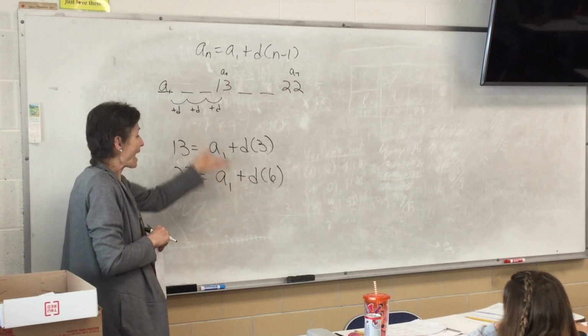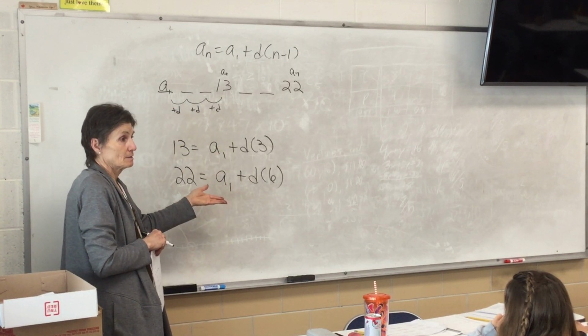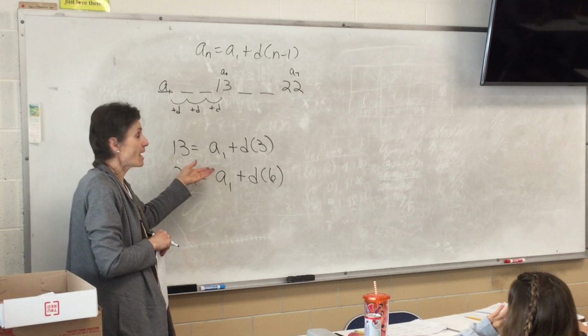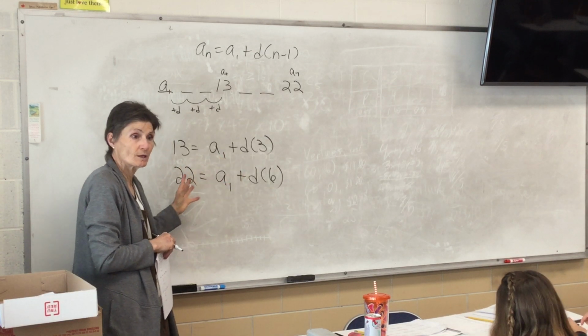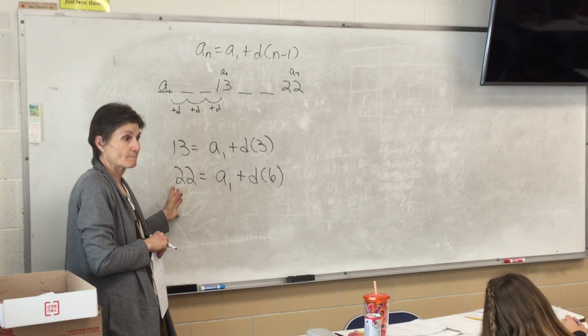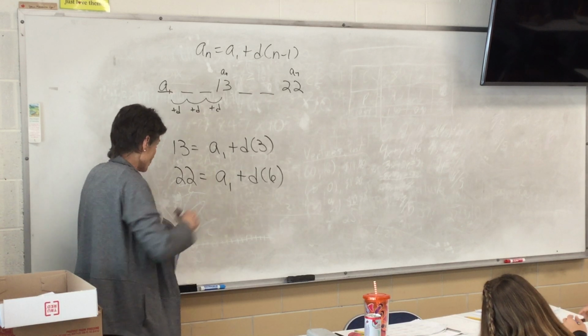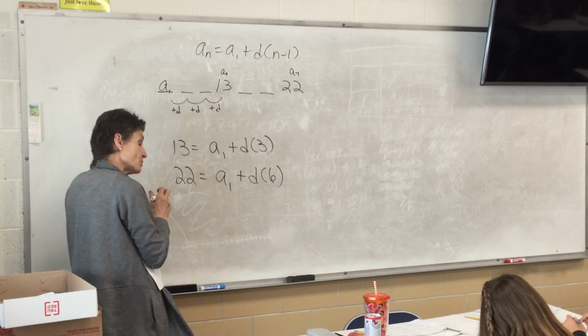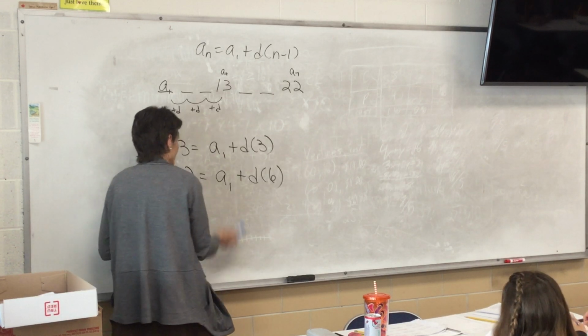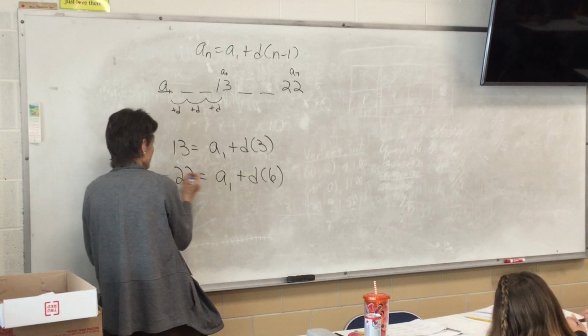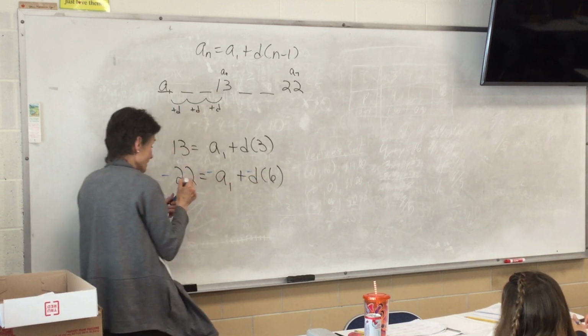Now, what's that? Isn't that like x's and y's? Isn't this like 2 equations, 2 unknowns here? So you could substitute or you could eliminate. I think I'll just multiply this bottom one by -1.